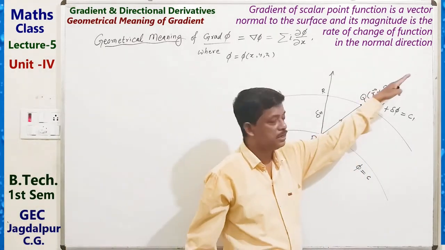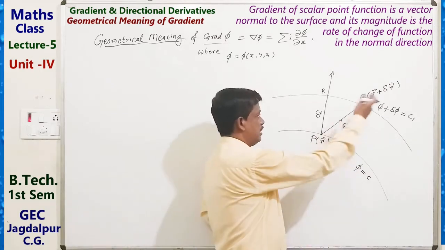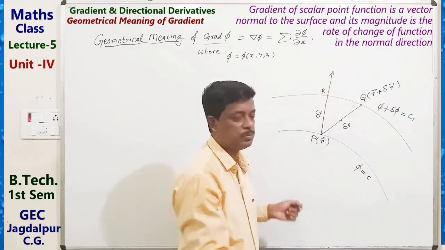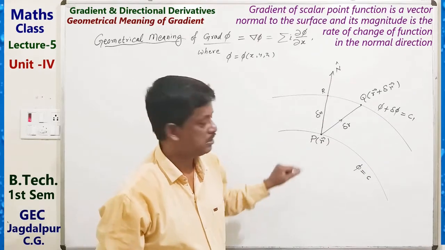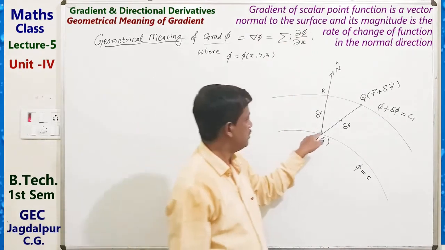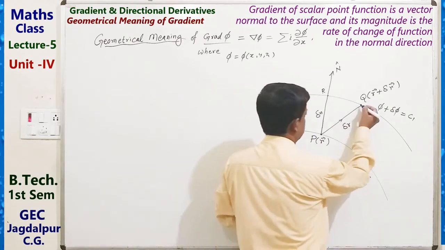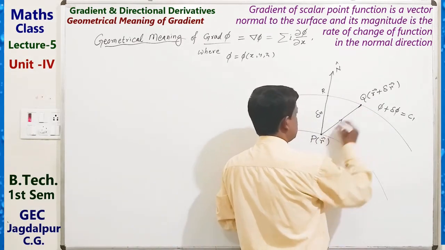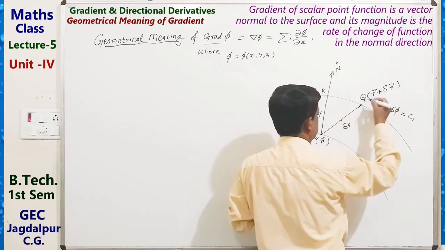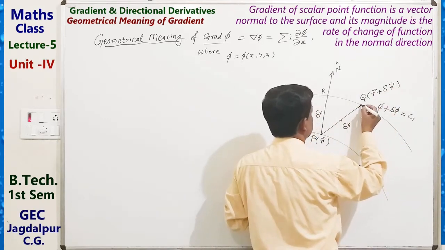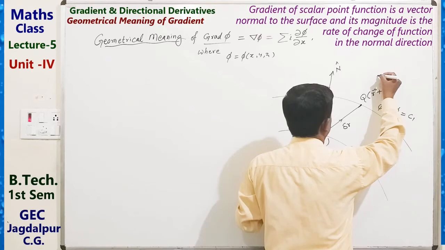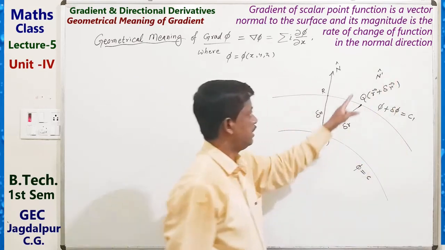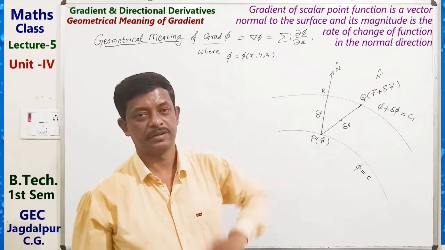Now, in this direction, if we take a unit vector, n cap is the unit vector in this direction, and in this other direction, n dash cap is the unit vector. Okay.